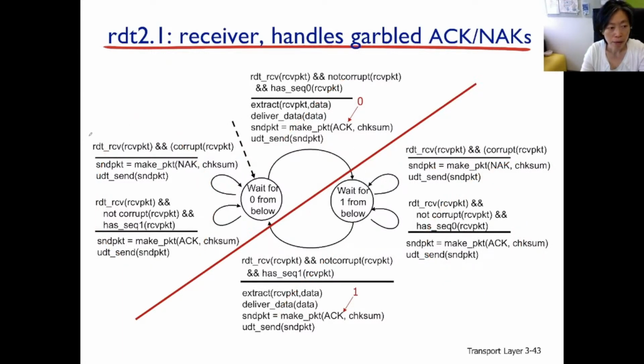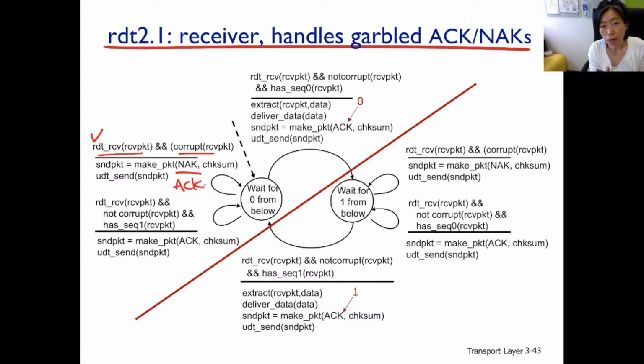Let's pick this transition first and see if we can evolve it into 2.2. This is receiving a data packet, but it's corrupted. In 2.1, we send a negative acknowledgement. But for 2.2, we don't send negative acknowledgement packets anymore because we don't have that format. Instead, we send ACK, but we have to carry a specific sequence number to indicate whether this is really a positive acknowledgement or a negative acknowledgement.